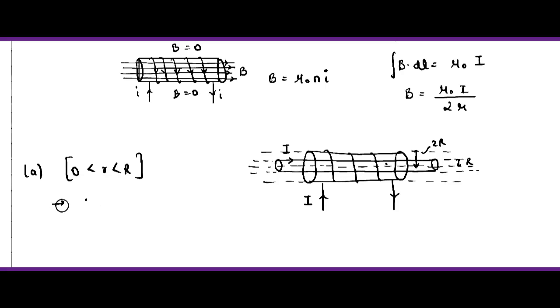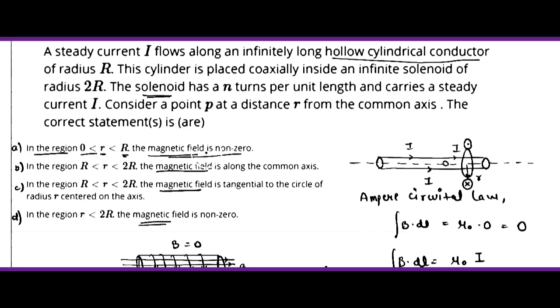Hence the magnetic field inside this region 0 to capital R will be non-zero due to the solenoid. So the given statement 1 is correct.